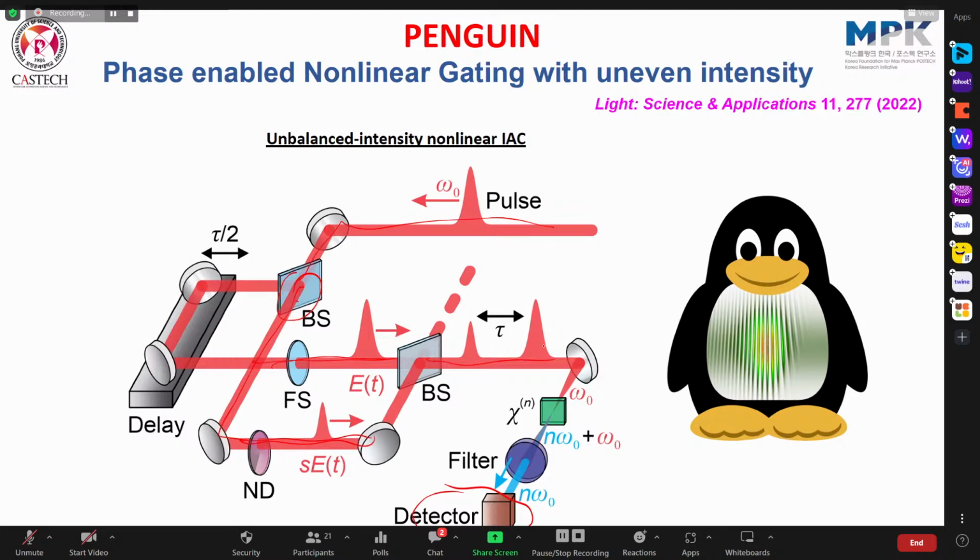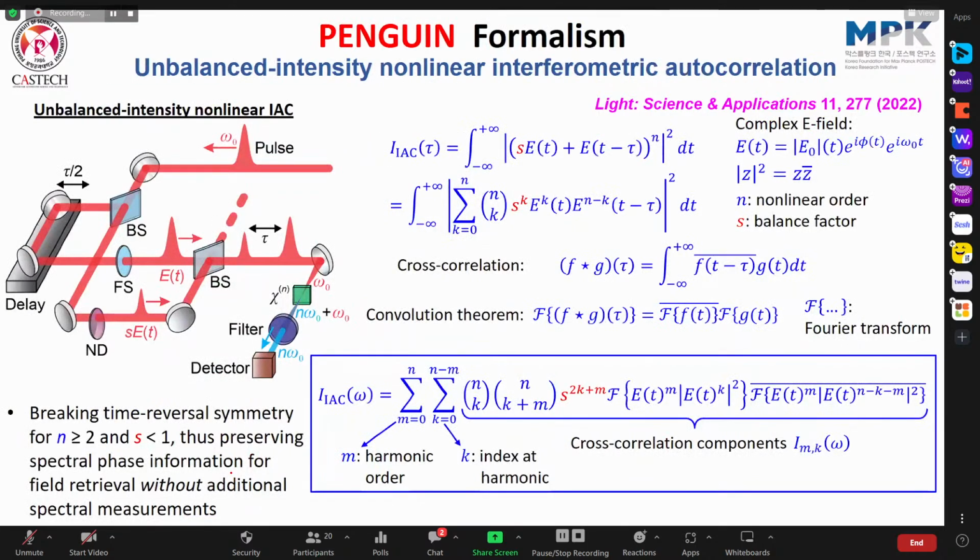For interferometric setups, to maximize interference and increase the visibility, you want a 1-to-1 ratio. That's the typical way. But if you introduce asymmetry using a neutral density filter, then the story goes a different way. With this setup, you can have the phase information. Okay, so this is the generalization.